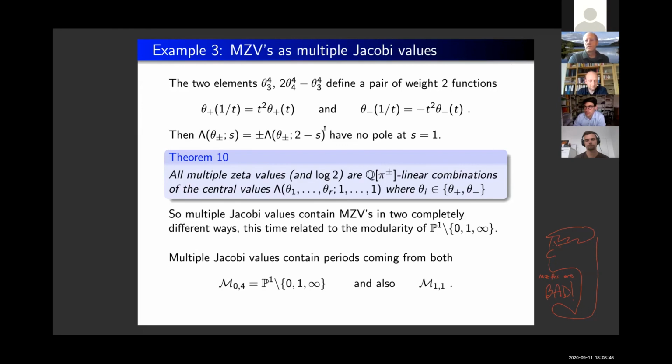But let's assume that this was really the end of the story, and all these things that you defined were iterated integrals. Would that have some implication? For example, what about a complete elliptic integral, which is a period, but which I would not naturally see as an iterated integral of some sort? What would that imply?